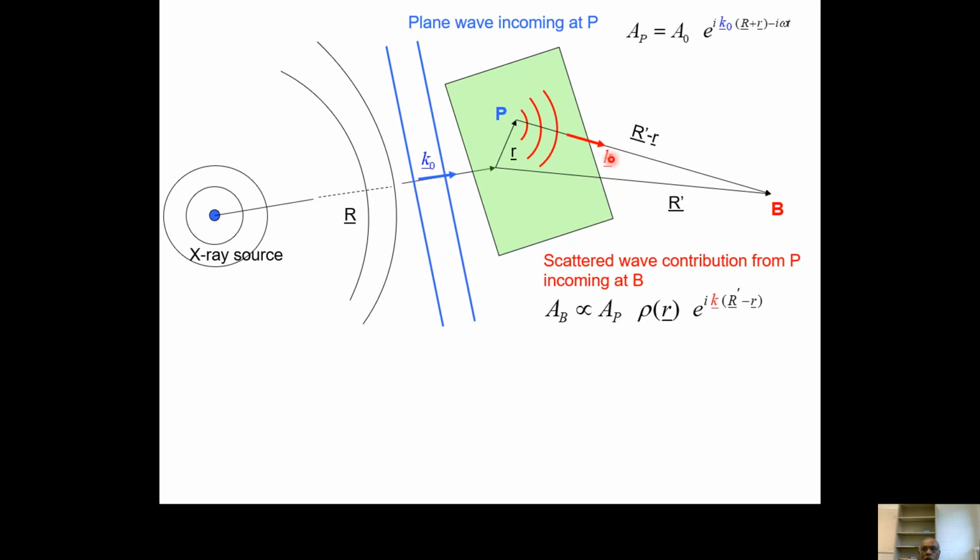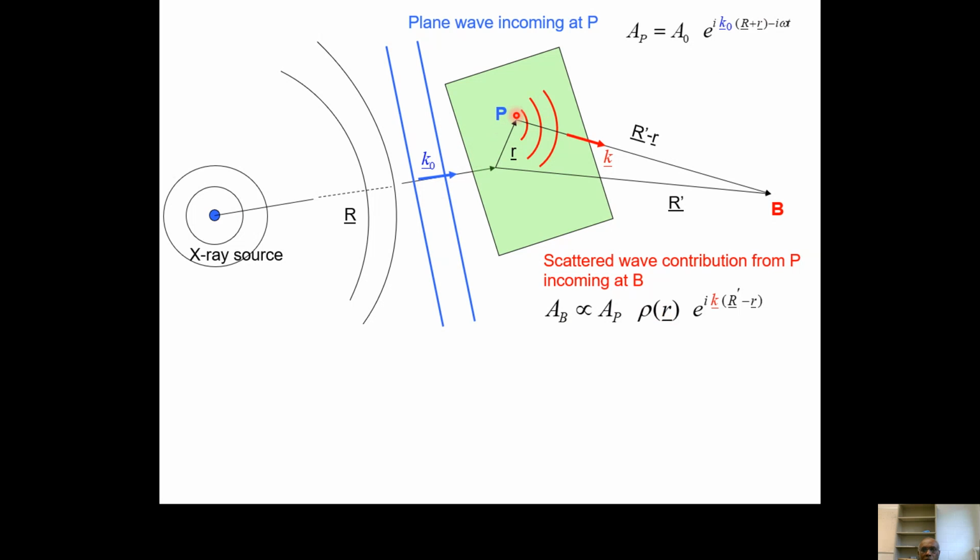So what is coming to B from P is what we call AB, right? So that is some part of this one, AP times... So whatever you have in this atomic energy, the charge distribution here, suppose we write this charge distribution as rho(r). This is the charge per unit volume.